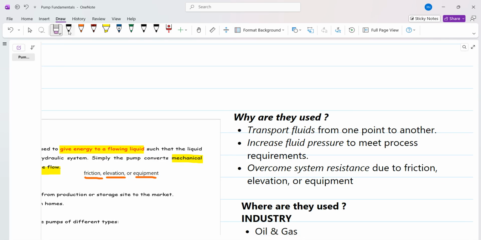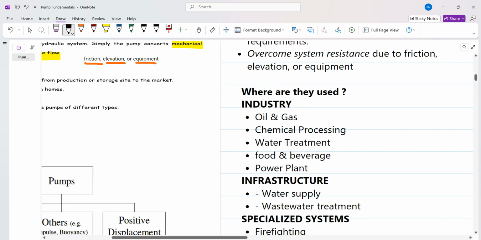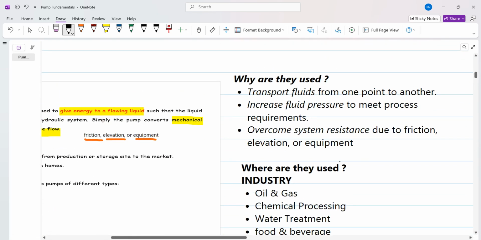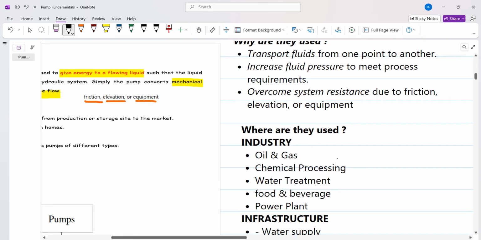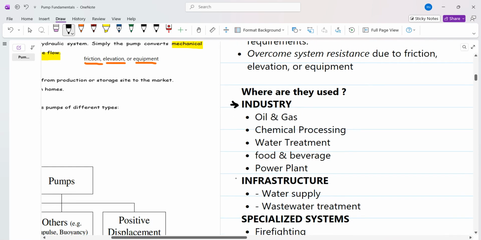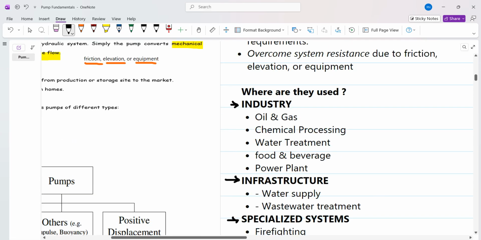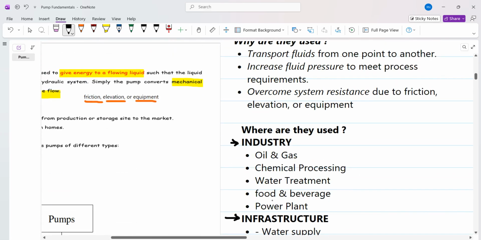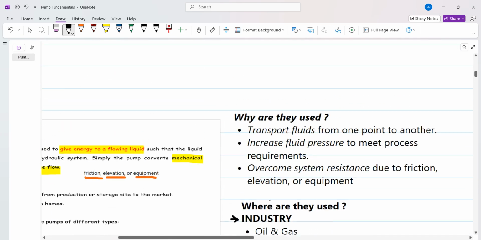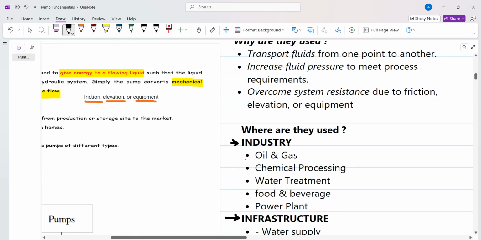Next we saw where pumps can be used: in industries, in infrastructure, in specialized systems, and many other systems also. Mainly in industries like oil refineries, 90% of the pumps are centrifugal pumps.